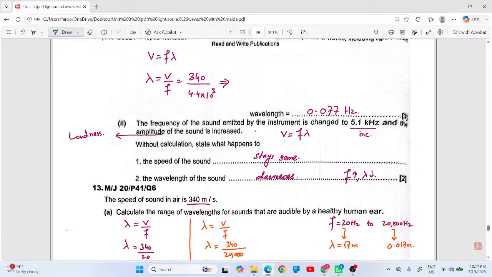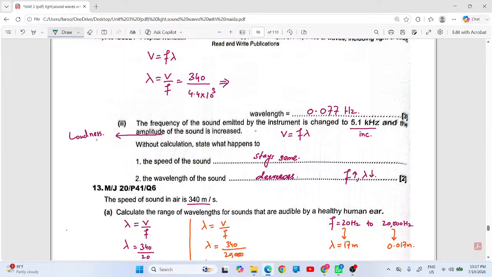Next, the frequency of the sound emitted by the instrument changed to 5.1 kilohertz. यह फ्रीक्वेंसी ज़्यादा हो गई है। पहले वाले पार्ट में फ्रीक्वेंसी थी 4.4 kilohertz. It means frequency increases and the amplitude का मतलब loudness.